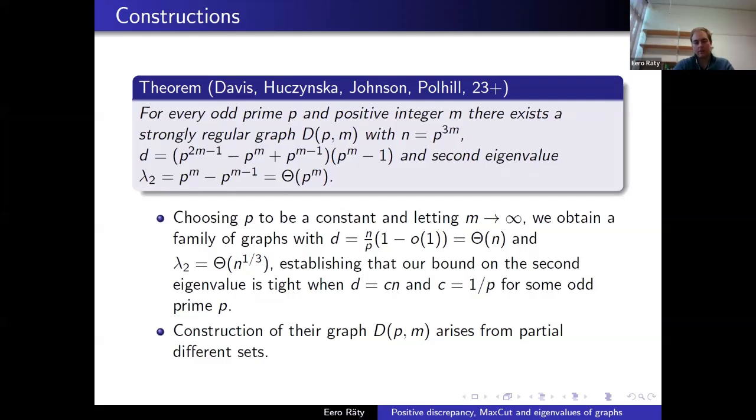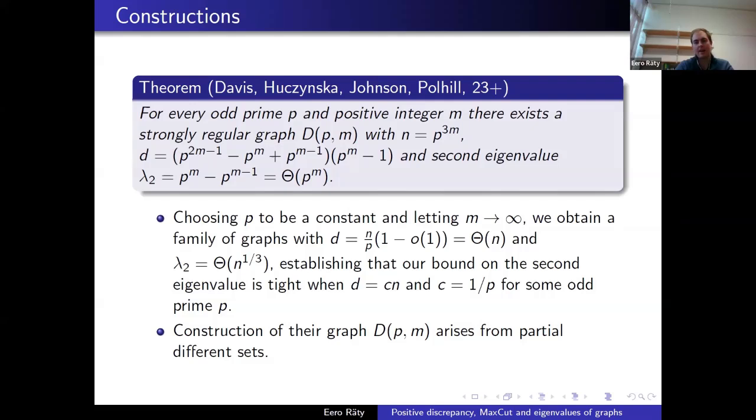The other construction I wanted to mention is the one establishing the fact that n to the 1/3 is a tight lower bound for the second eigenvalue when the degree is roughly linear.